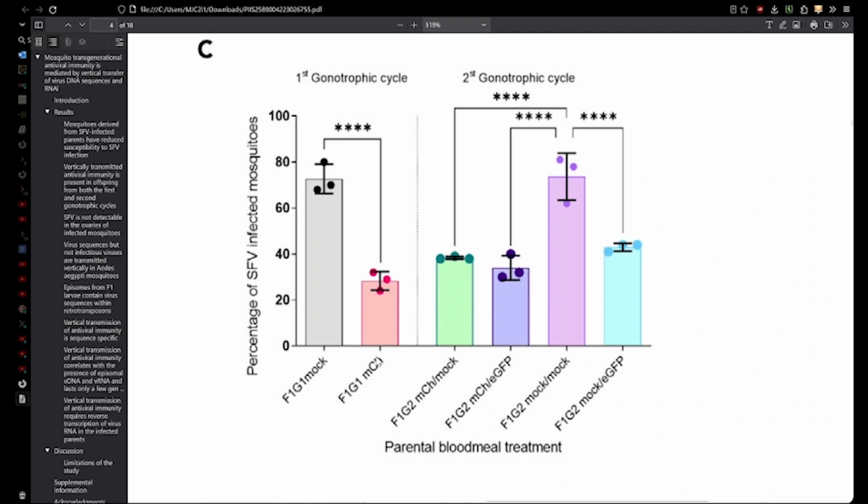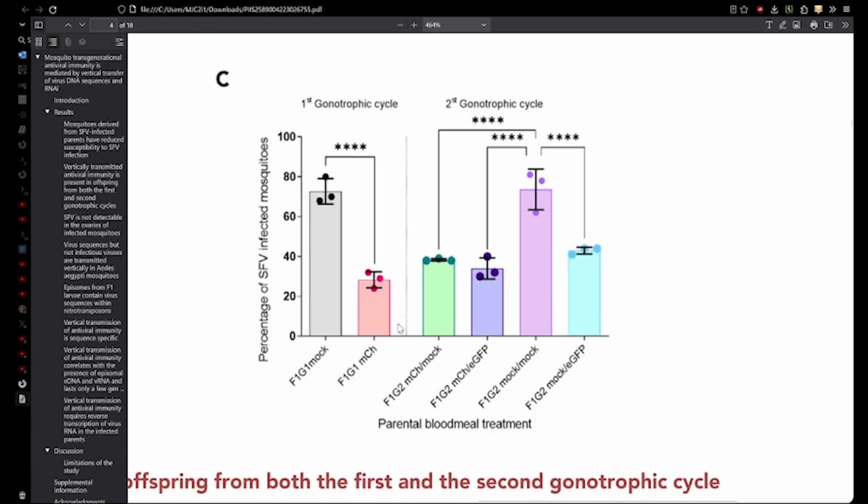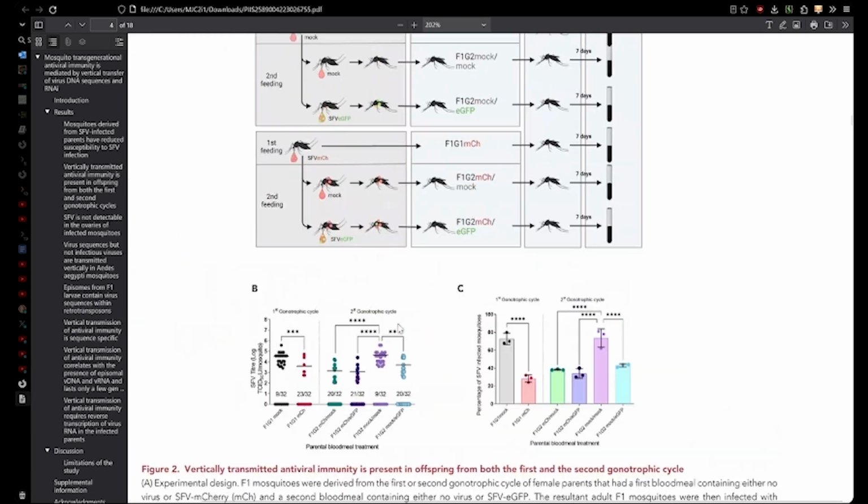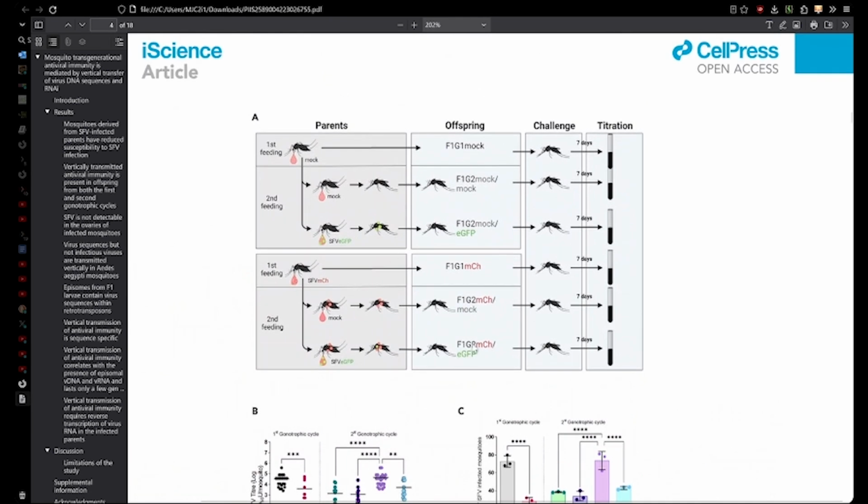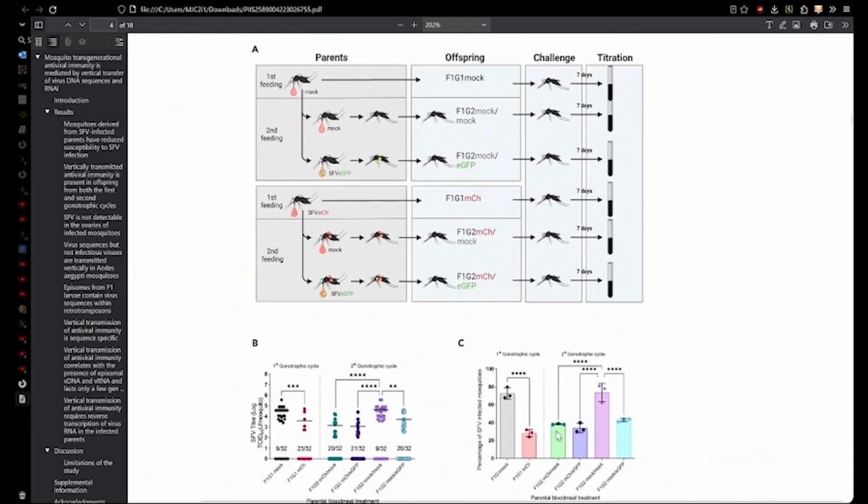This system is dependent on the length of the actual virus itself. Viruses want to be as small and compact as possible, so if you add a protein like mCherry or EGFP, it exposes it a little bit more. They're doing it because of multiple viral infections, and they were trying to see if it went down, and it goes down a little bit, but it's not really a significant difference.